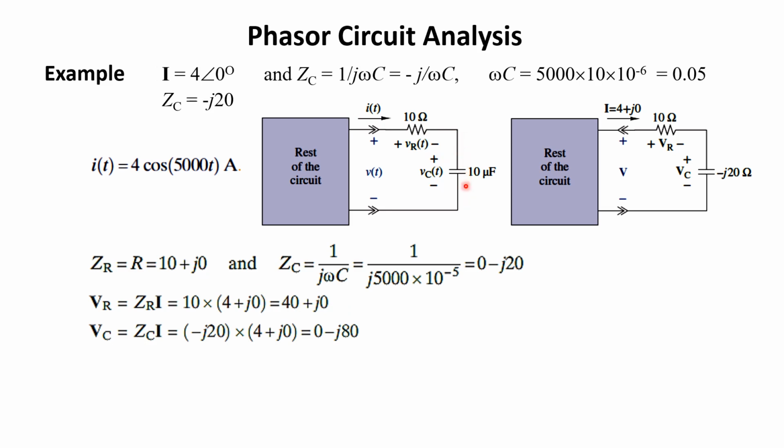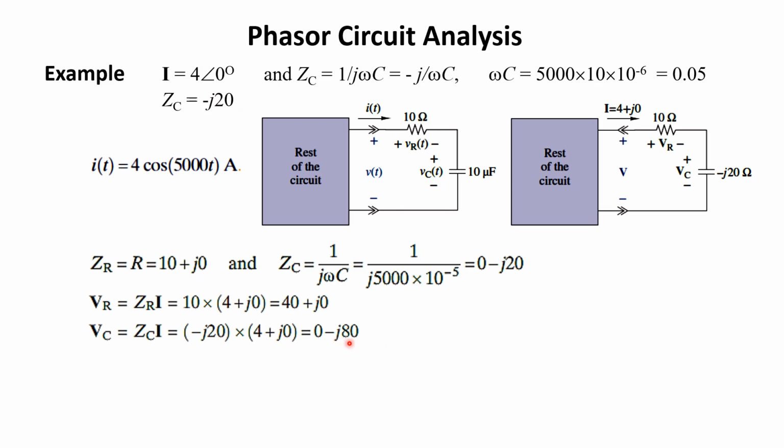The voltage across the capacitance is Z_C multiplied by the phasor current. So this is Z_C we have seen, and this is the current 4 plus j0. It is 4 cosine 5000t with phase angle 0.